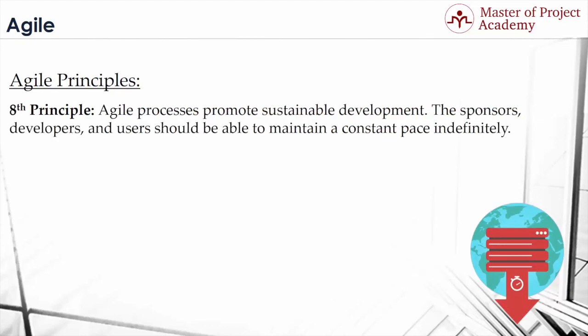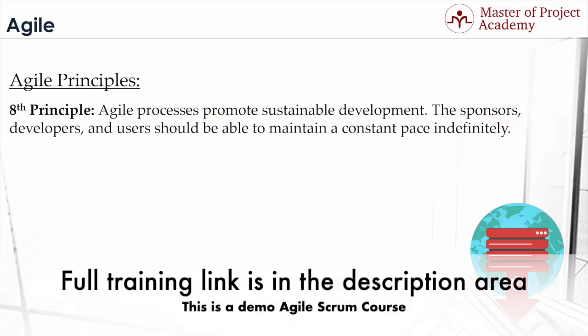The eighth Agile principle is: Agile processes promote sustainable development. The sponsors, developers, and users should be able to maintain a constant pace indefinitely. Agile teams aim to deliver the same amount of work over a period. For instance, 100 units of work aim to be completed in each month. And to enable this constant speed of delivery, sponsors, developers, and users must support the development environment.